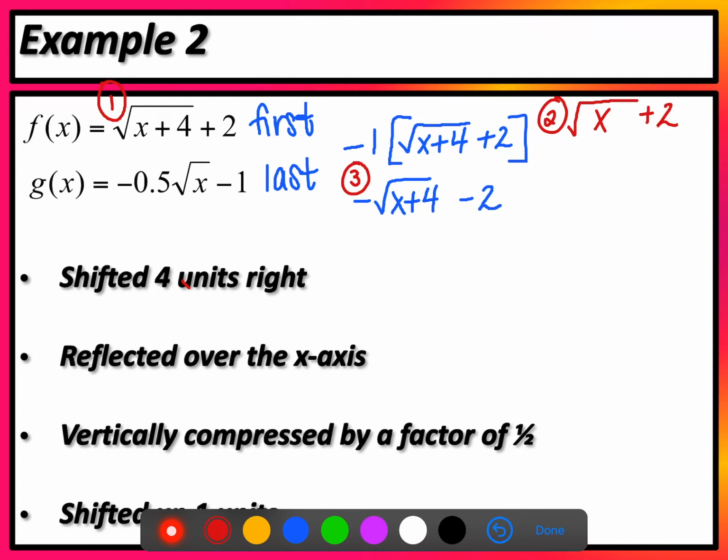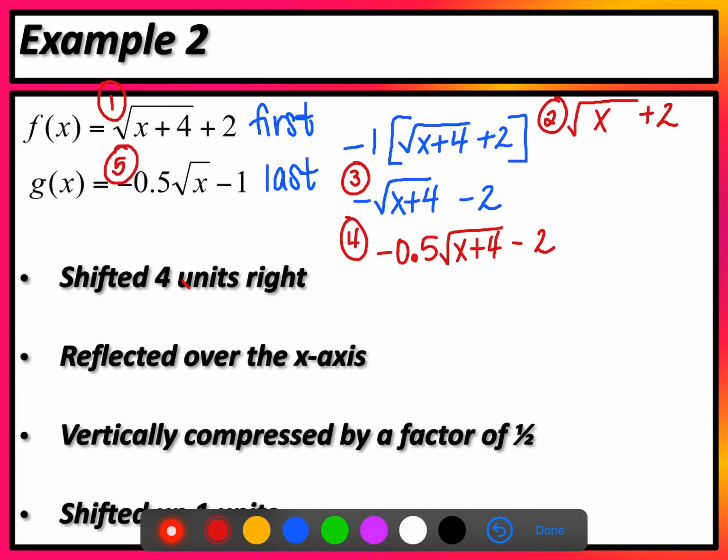So now I reflected it over the x-axis, and that applied to the entire function. But step 4, vertically compressing it, which just means putting 0.5 in the front, did not apply to the entire function. That didn't change my k value.